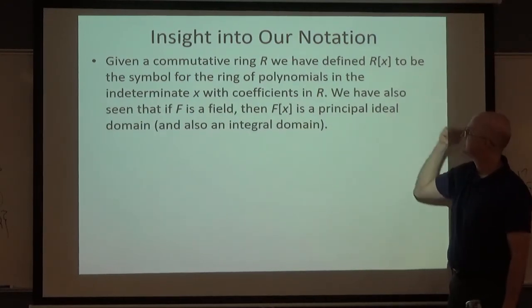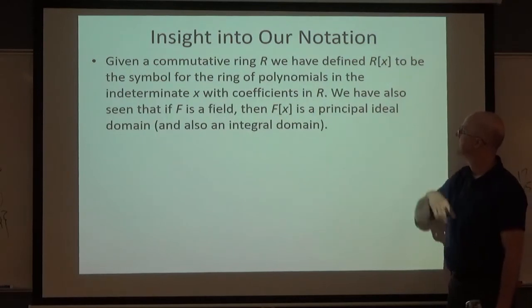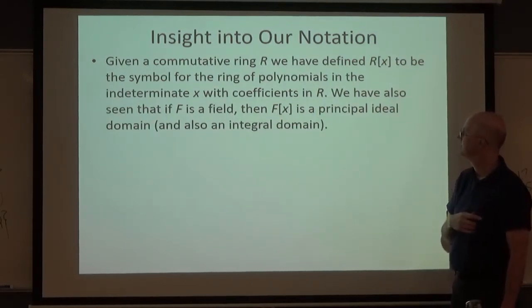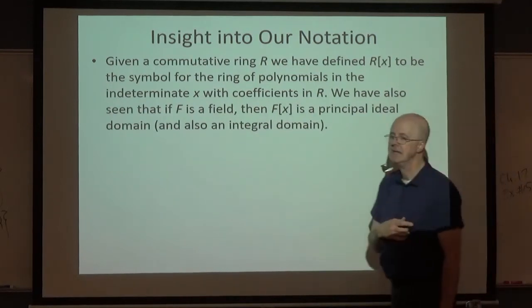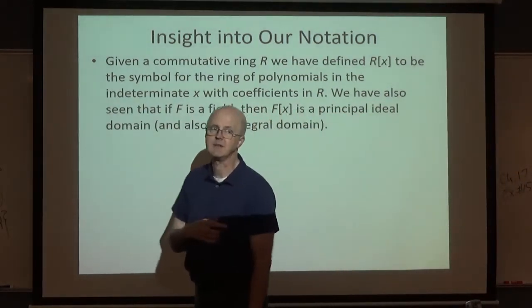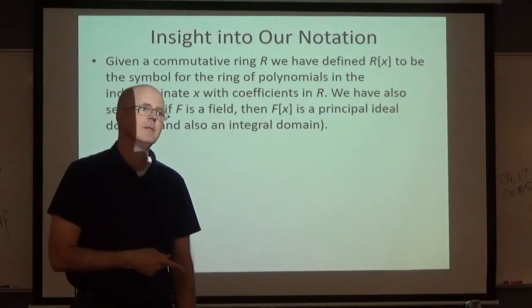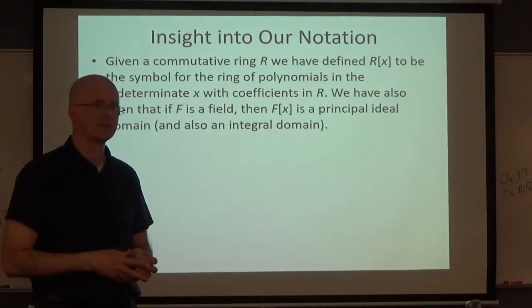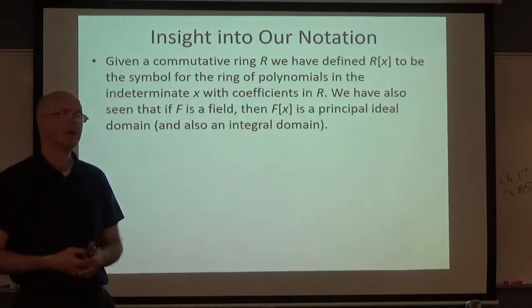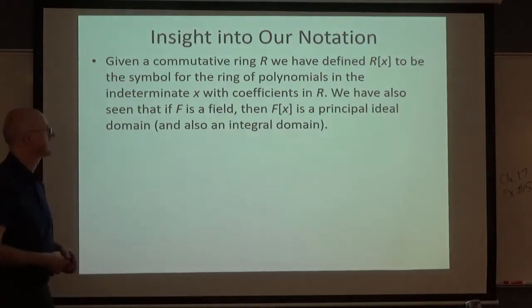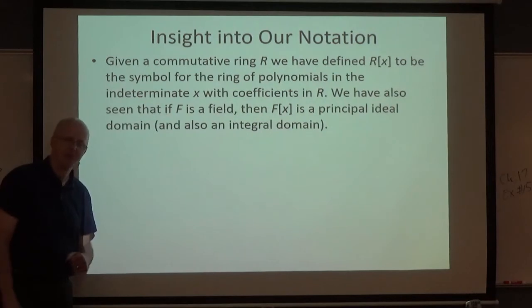We've also seen that if R is a field, then this polynomial ring is a principal ideal domain and also an integral domain. Actually, it's good enough for R to be an integral domain to make the ring of polynomials an integral domain. Fields are certainly integral domains, so it's definitely true for fields. But in addition, it's a principal ideal domain, just reminding you of some facts.